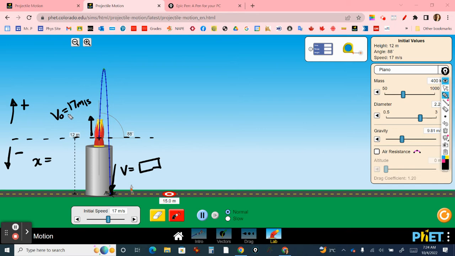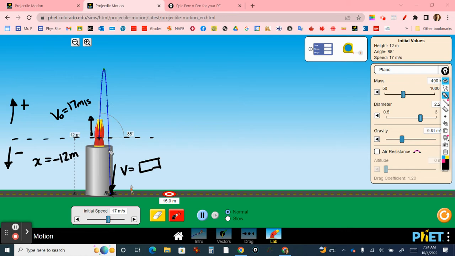We've chosen the upward direction as positive, so that's going to set our signs. So now all of the displacements above our starting position are going to come out positive in our equation. But all of the displacements below our starting position are going to come out negative.